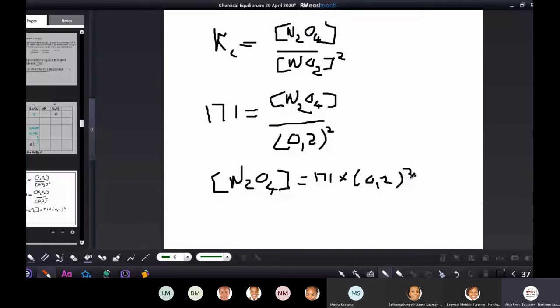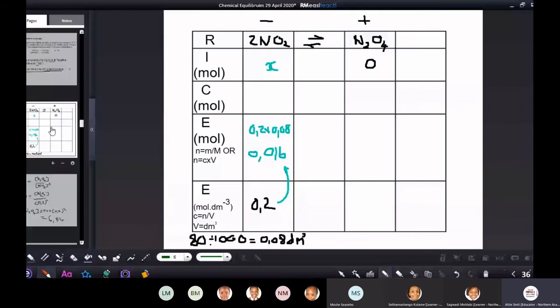Now we get to our answer there. 171 times 0.2 squared, and the answer is 6.84. So now I'm going upwards like I did with the previous one. I'm going to multiply with 0.08.